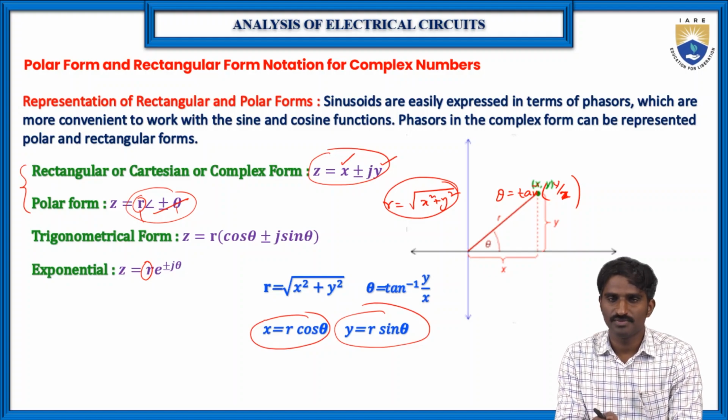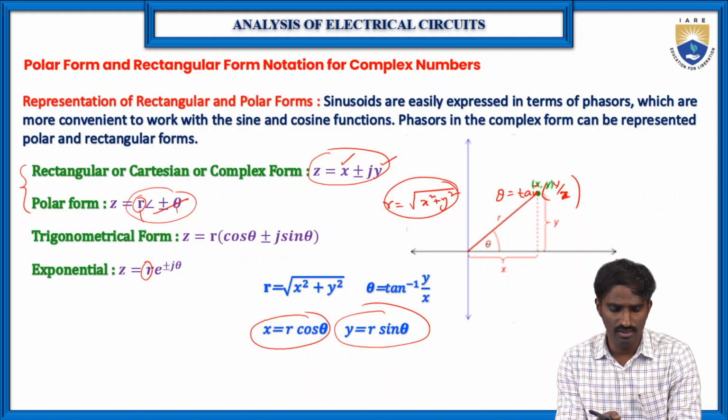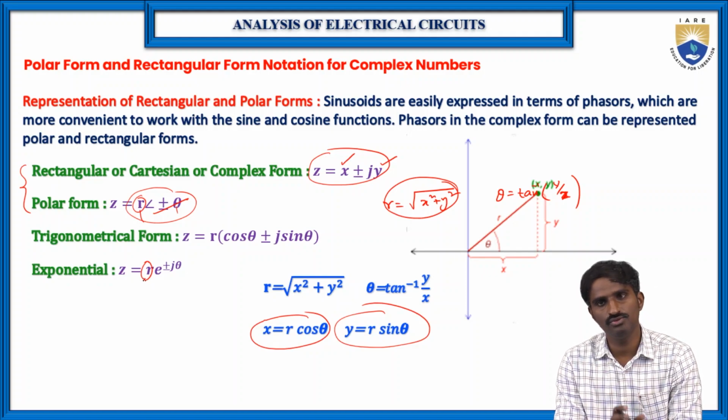So this is how the polar and rectangular form representations work, and we have also seen the trigonometrical form and the exponential form. Now we know how to convert one form of quantities into another, either complex to polar or polar to complex, and similarly the exponential.